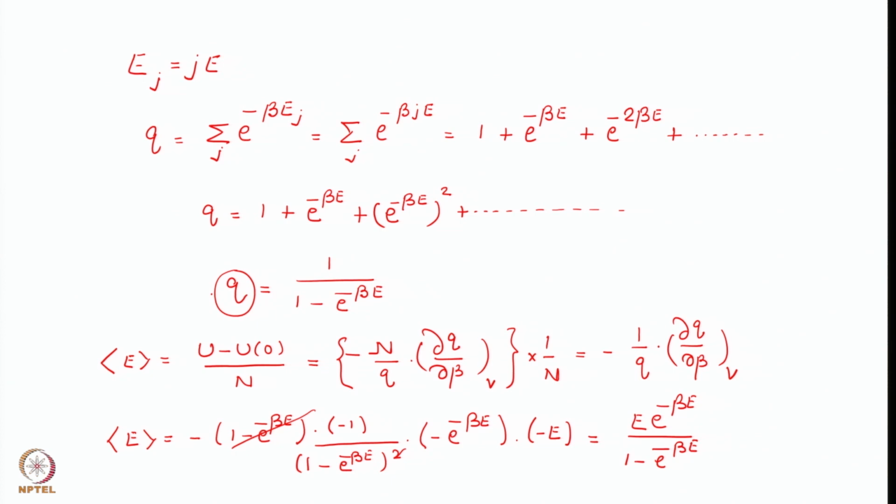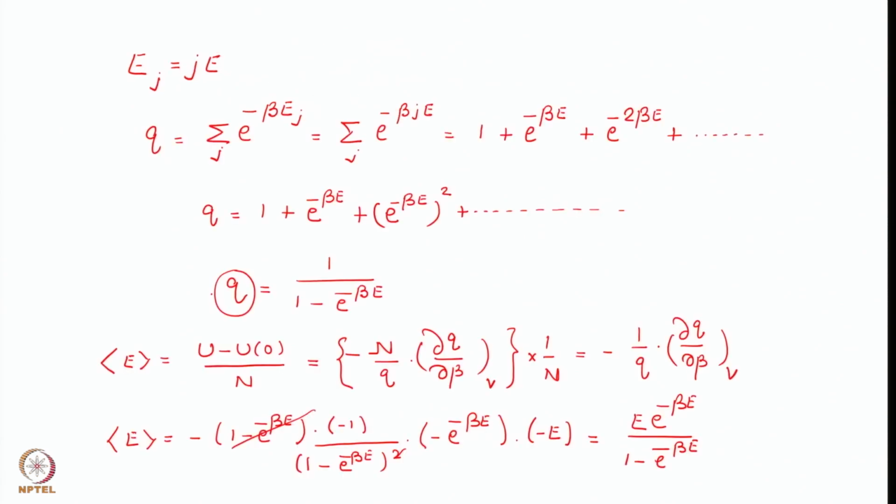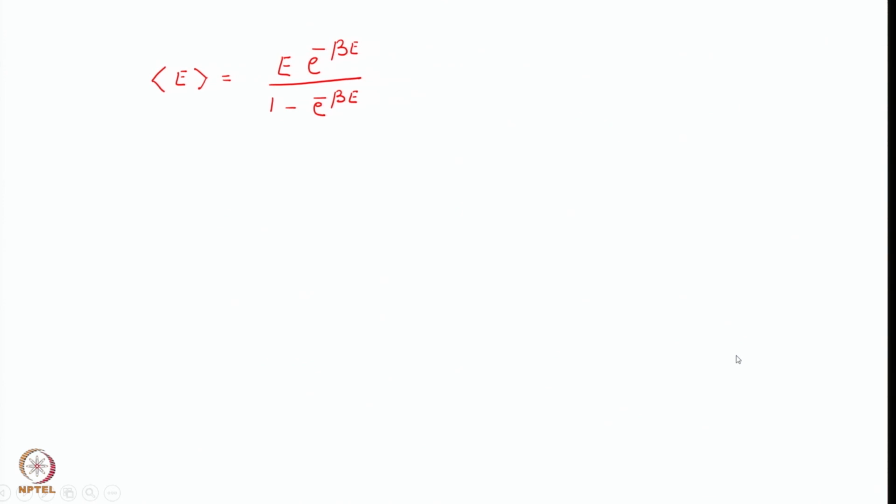Let us carry it forward. Mean energy per molecule, what we are getting, is equal to E times exponential minus beta E over 1 minus exponential minus beta E. This is what we just got. Now, let us further try to solve this.